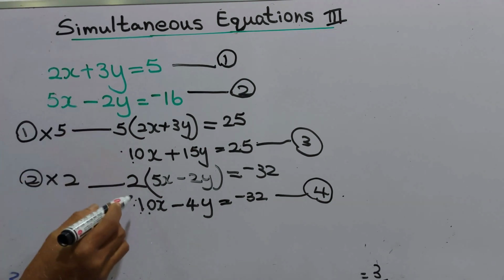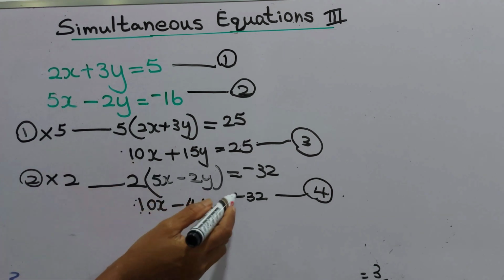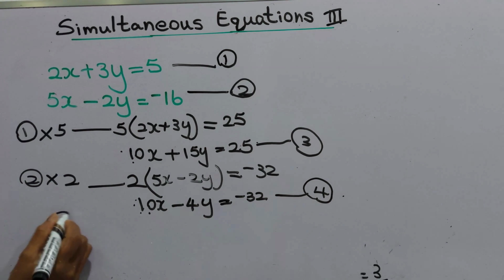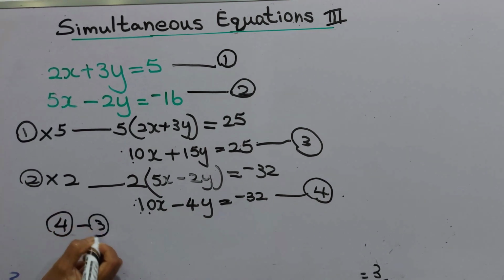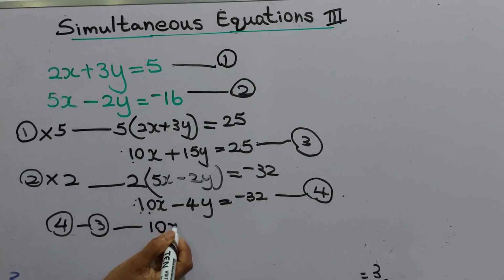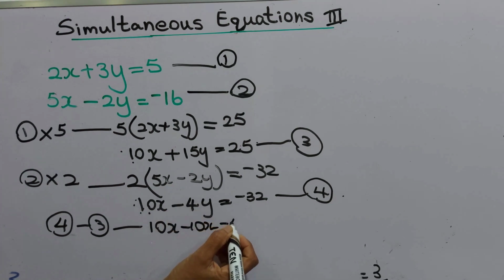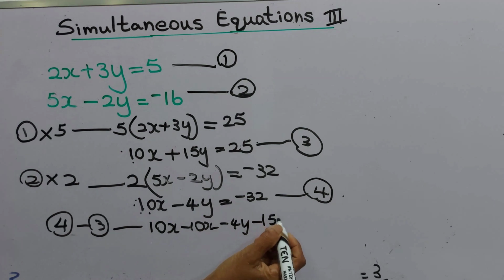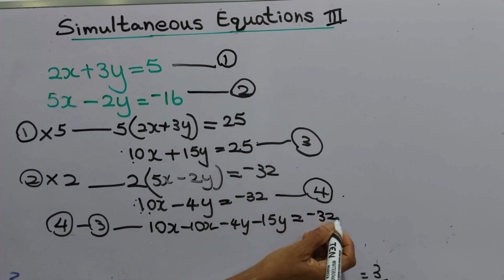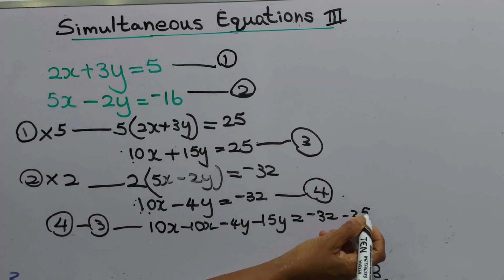That is the next step: eliminate this unknown from the two equations by subtracting. We subtract 3 from 4. So 4 minus 3: 10x minus 10x, minus 4y minus 15y, equals minus 32 minus 25.